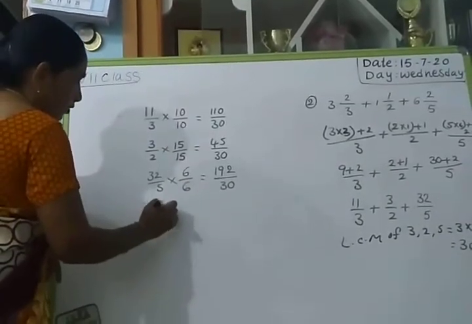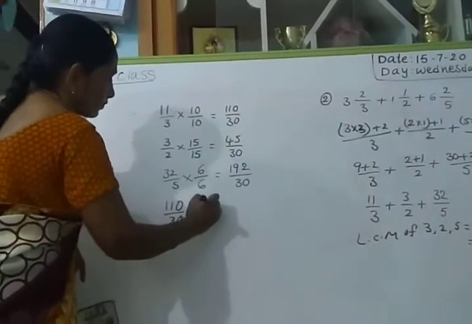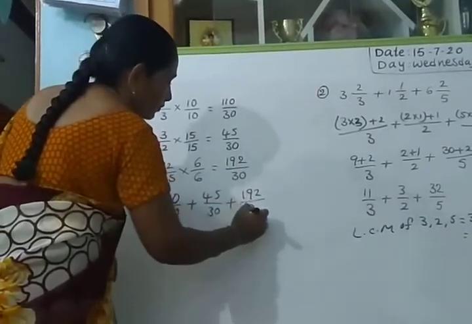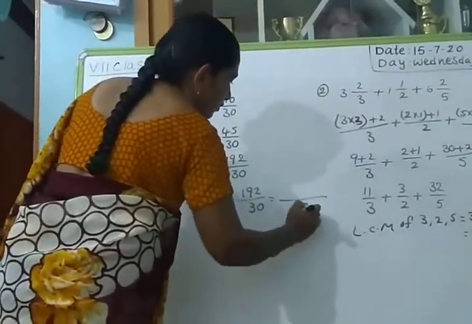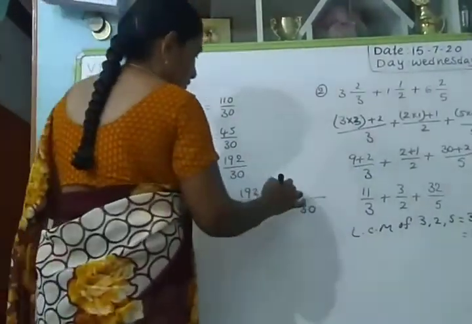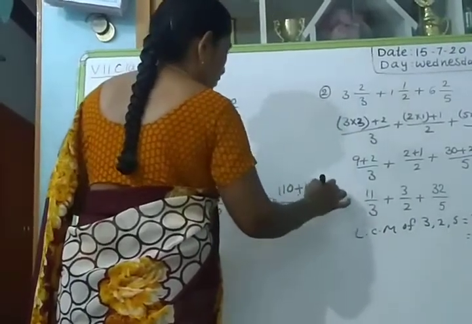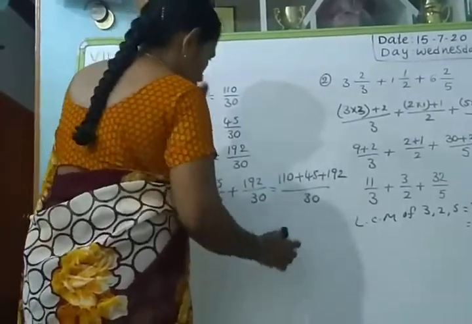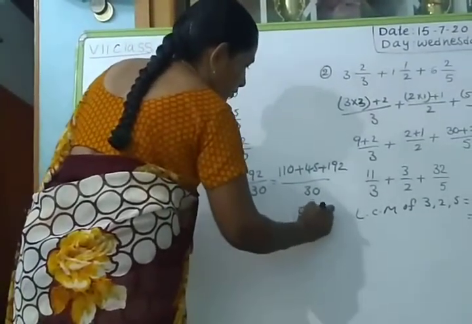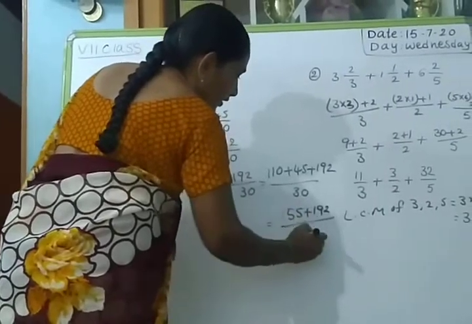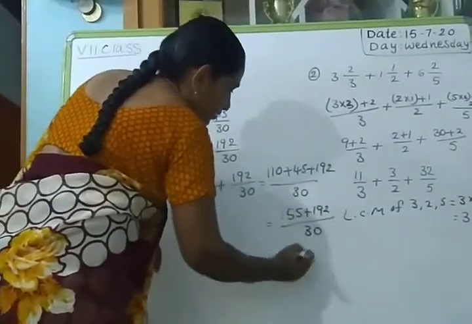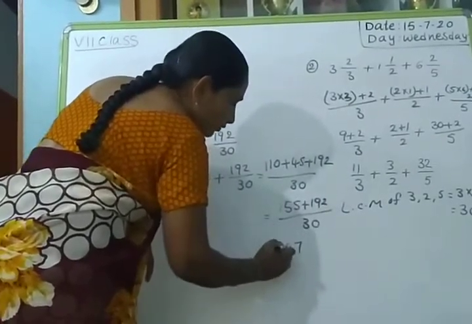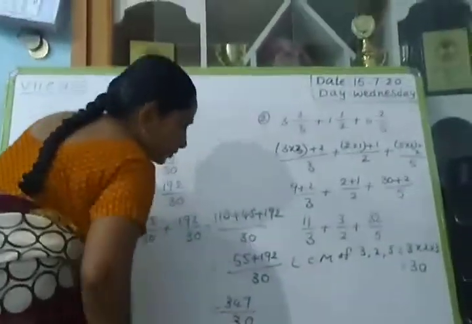Then we have to add 110 by 30 plus 45 by 30 plus 192 by 30. So the denominator is 30, and 110 plus 45 plus 192. How much will you get? 110 plus 45, 155, plus 192, 347 by 30.